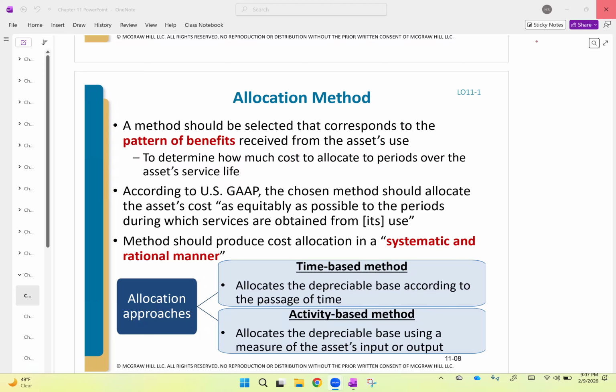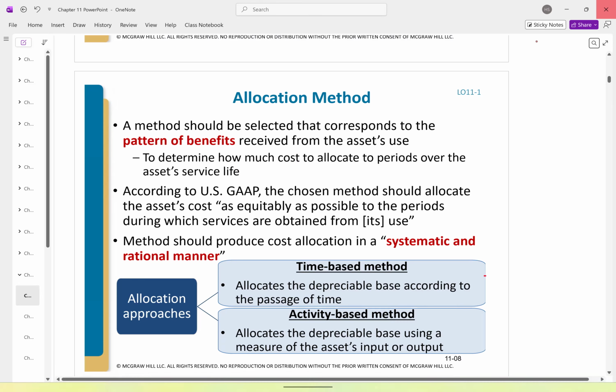All right. So, which method are we going to use? There are a lot of things to consider. It should correspond with the benefits that we're going to get from an asset. So, we want to make sure we're using a time base that we are confident that we will use this asset. Okay.